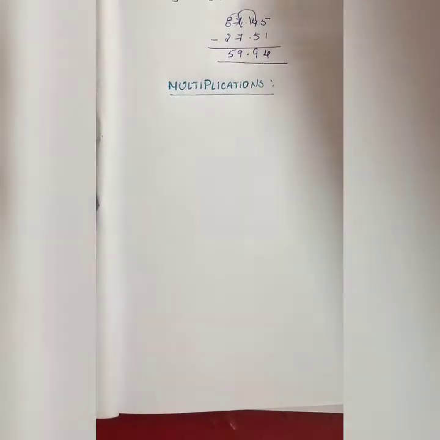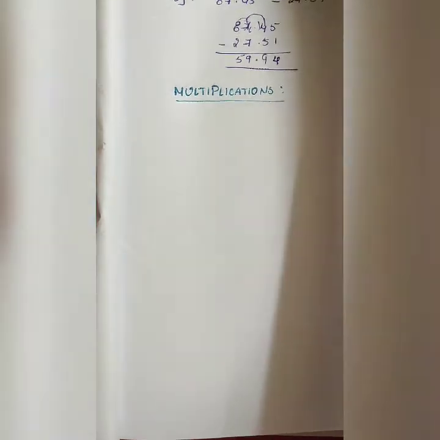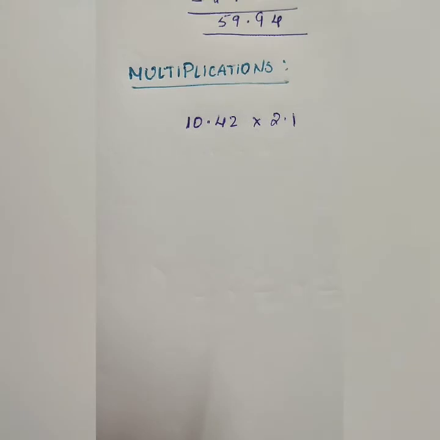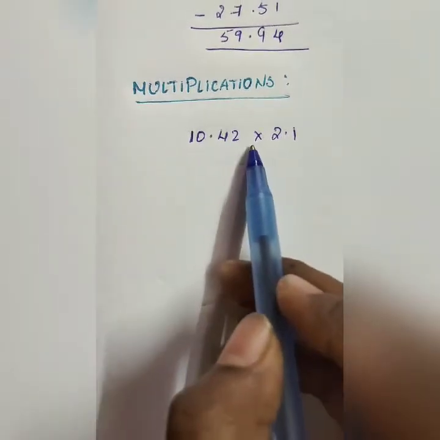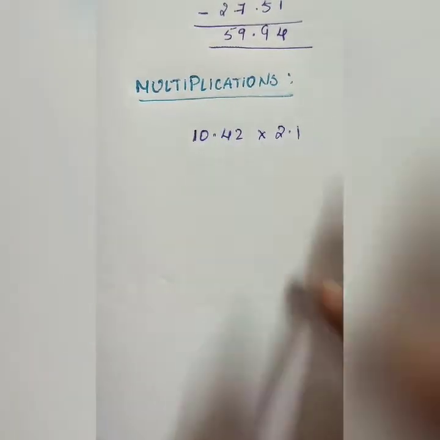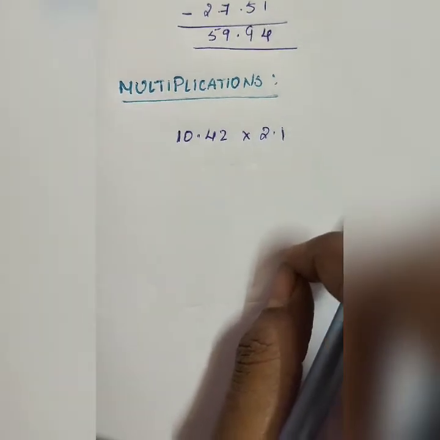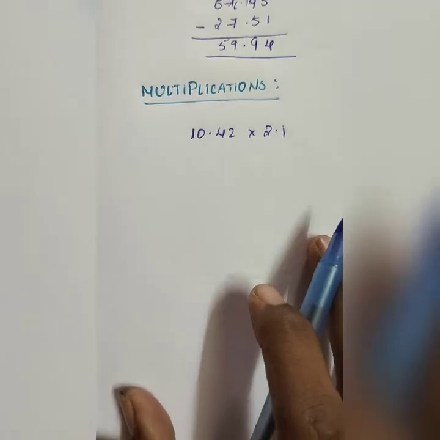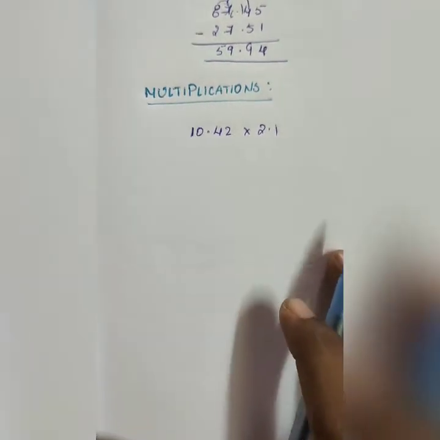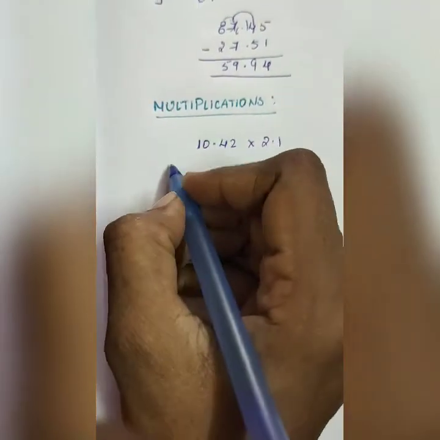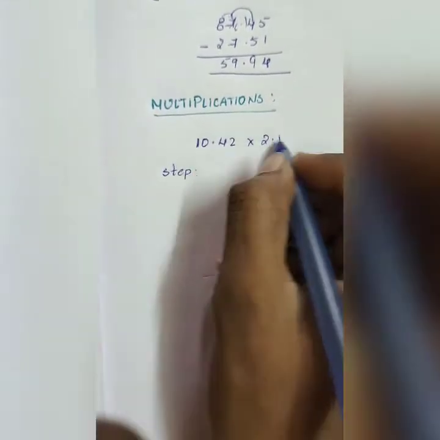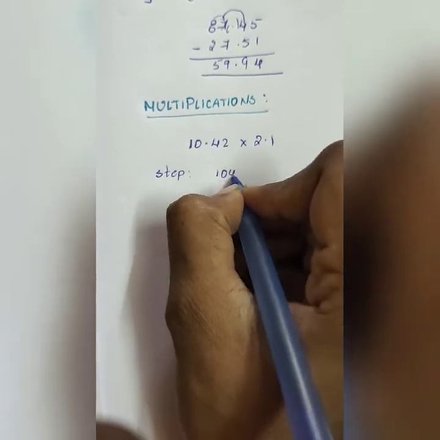We'll do the same question in two ways. Let us see here, these are the two decimal numbers, 10.42 into 2.1. We will do this with the formal method, and next we will do it with the conversion method. What is the formal method? Step 1, ignore the decimal points, so it becomes 42 into 21.